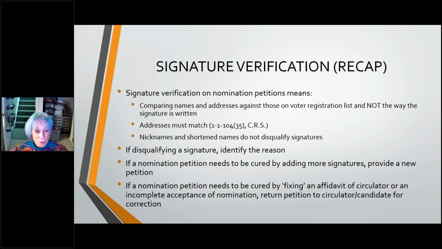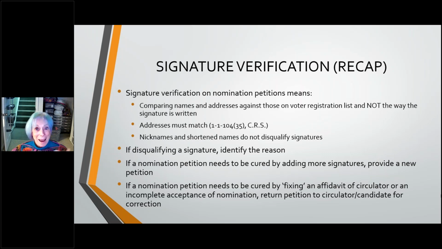And the reason for that is if you look at what the affidavit of acceptance of nomination says, what the person signing that says is that they accept the nomination of the people who have signed their petition. And so if you need more signatures, they sign after all the signatures have been obtained.